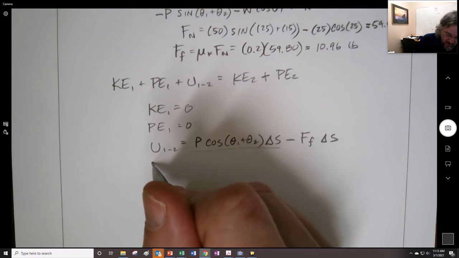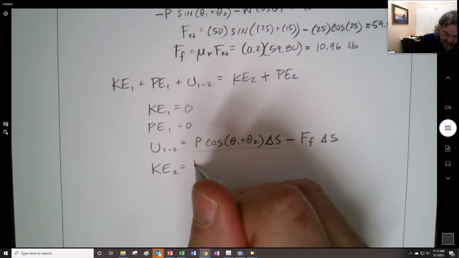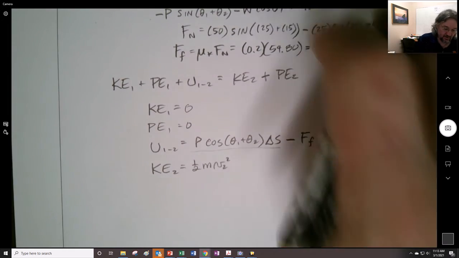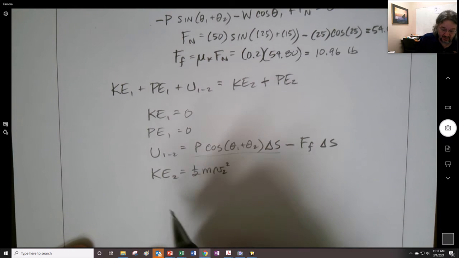And now we want to have what the kinetic energy at state 2 is. Well, that's actually kind of where we were told what this velocity is going to be, right? So we were said that's going to be 3 feet per second. So that's something we know.